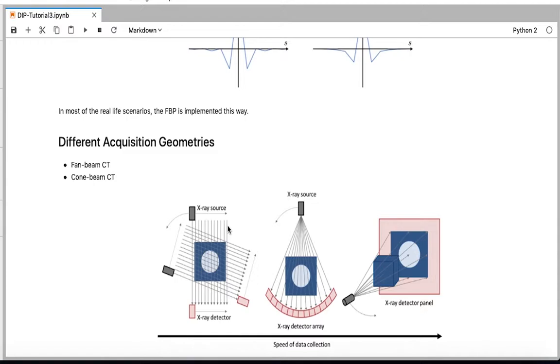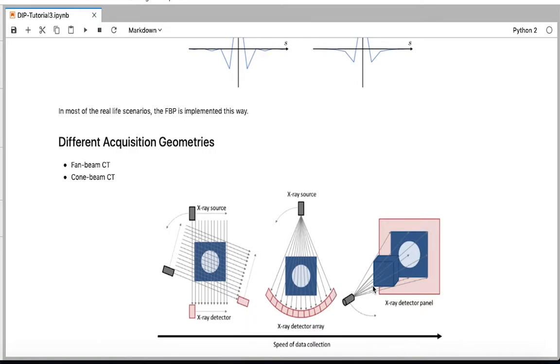So like I showed in the video, there are different acquisition geometries in which you can acquire the CT. What we discussed till now is just this case where you have an X-ray source and you scan the whole thing like this, and then you rotate it, and then you scan again at a different angle. Today's X-ray machines use either this or this: this is called a fan beam CT, and this is called cone beam CT. Here you project diverging light rays or X-rays at different angles, and you collect from a curved array.